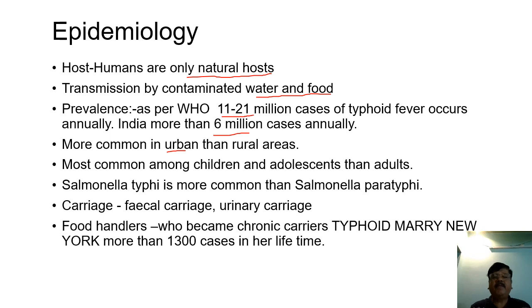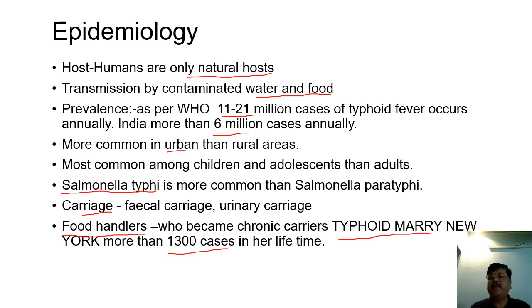Salmonella typhi is the most common species compared to Salmonella paratyphi. Also, carriage is more common. Carriage, for example fecal carriage and urinary carriage, has been found. So food handlers act as a source of infection, and all of you know there was a person known as Typhoid Mary who lived in New York, and she was responsible for 1300 cases in her lifetime.